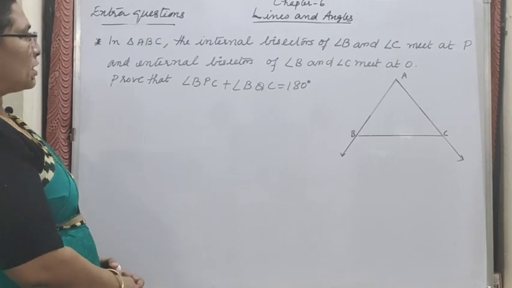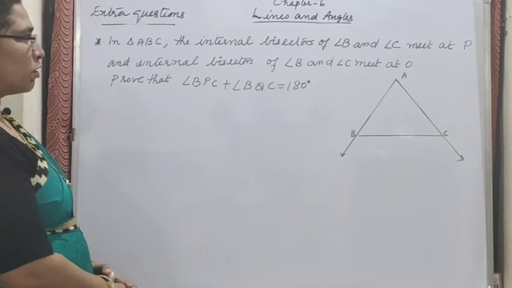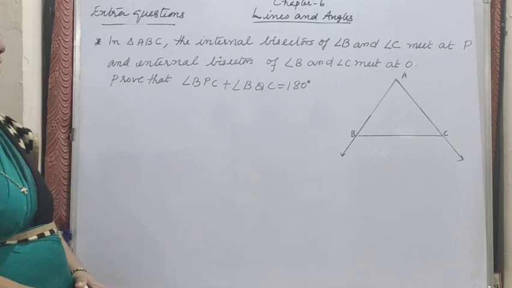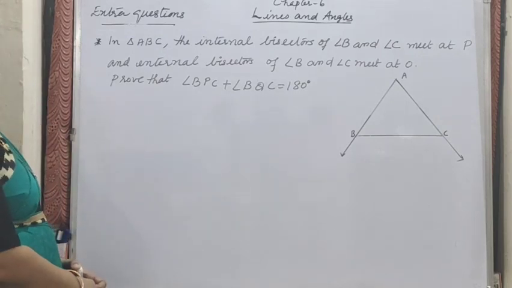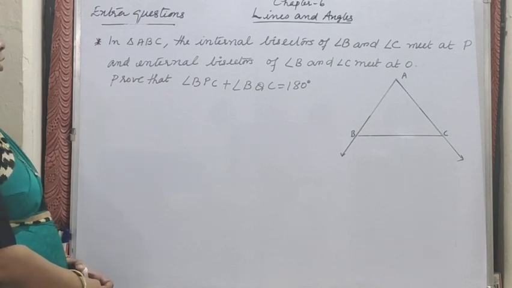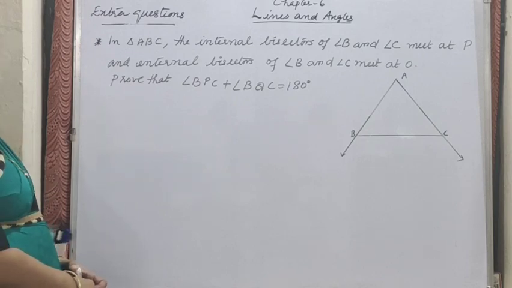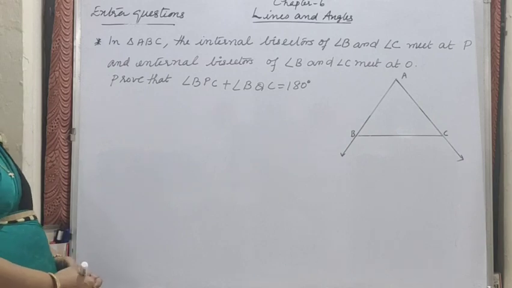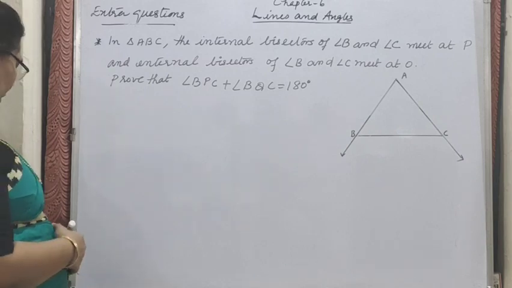In triangle ABC, the internal bisectors of angle B and angle C meet at P. External bisectors of angle B and C meet at O. Prove that angle BPC plus angle BQC equal to 180 degree.